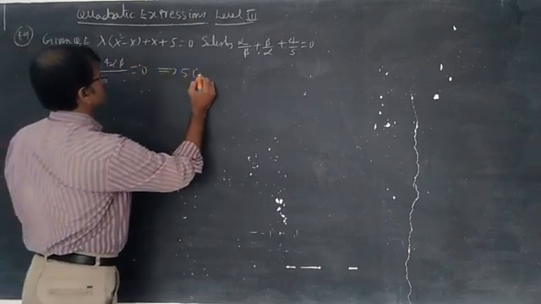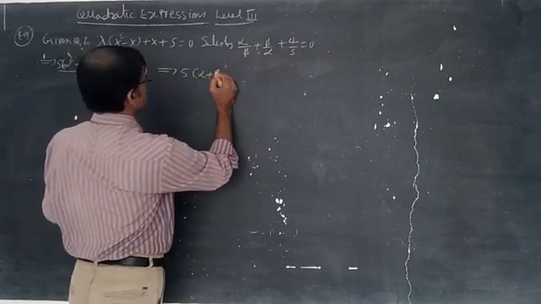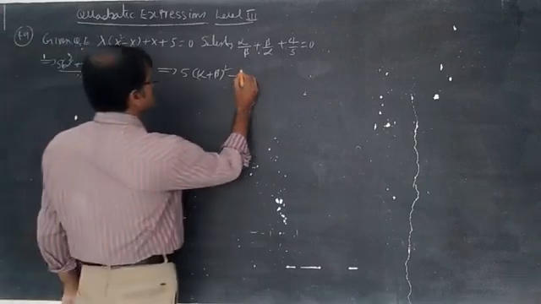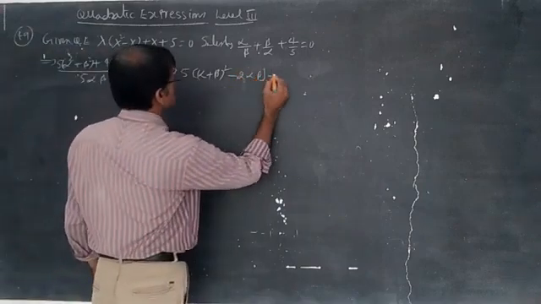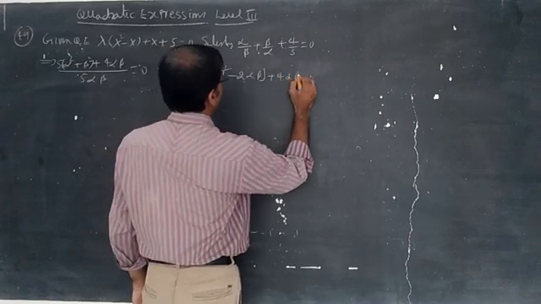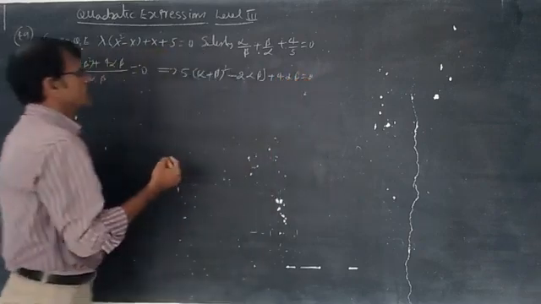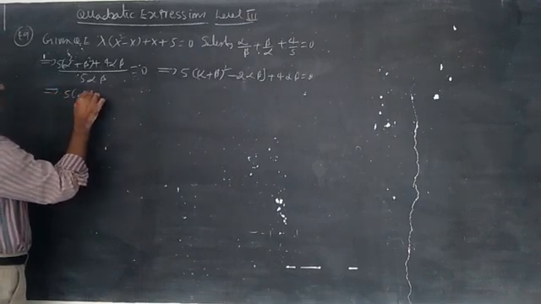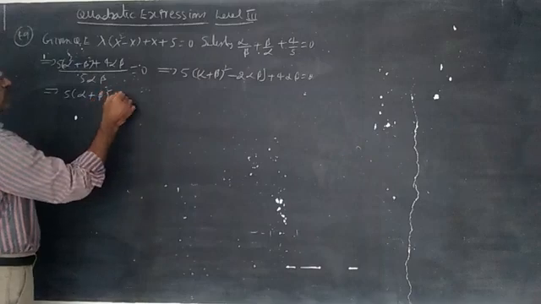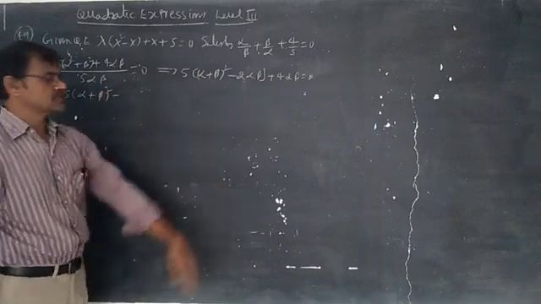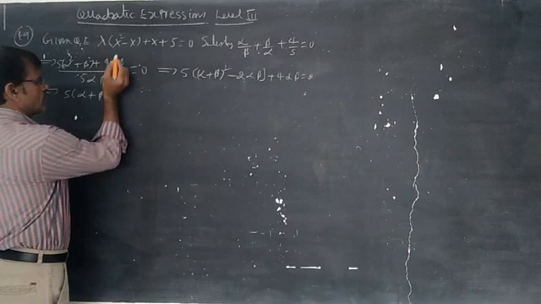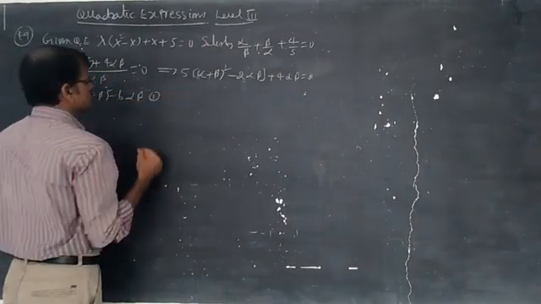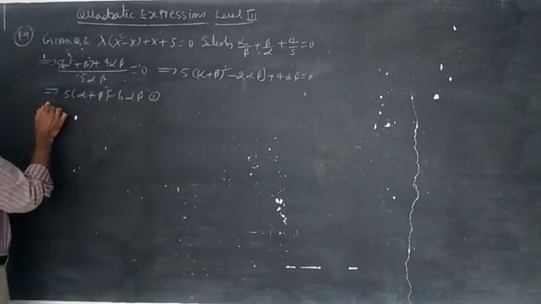So 5 into, you can understand alpha square plus beta square as alpha plus beta whole square minus 2 alpha beta, minus 2 alpha beta plus 4 alpha beta equal to 0. So 5 into alpha plus beta whole square, minus 10 plus 4, minus 10 plus 4 becomes minus 6 alpha beta.